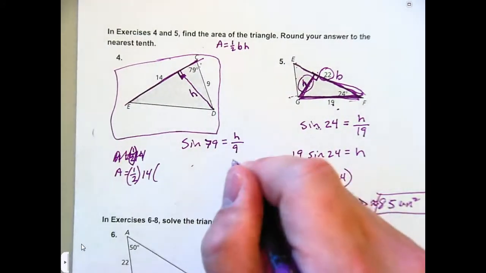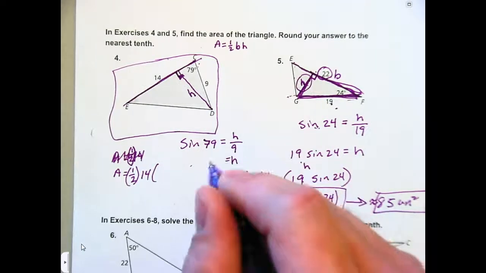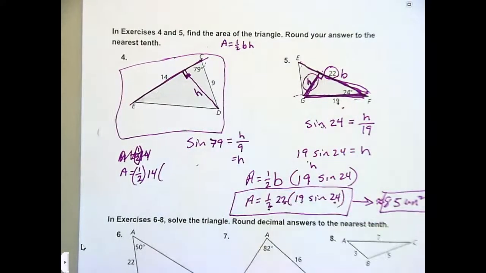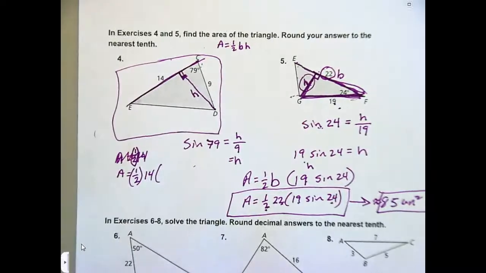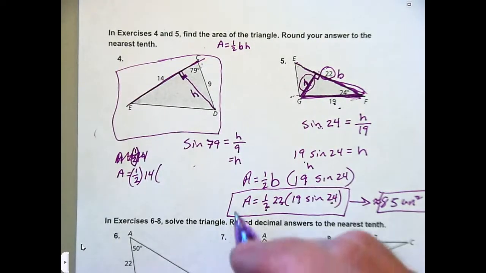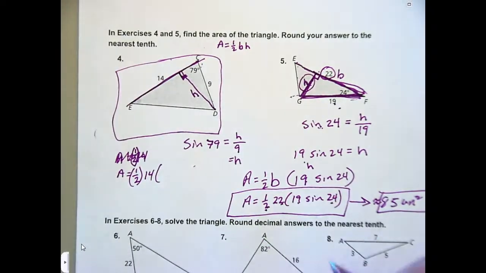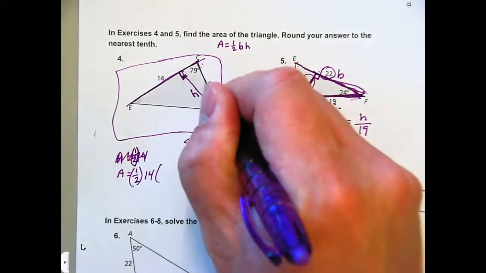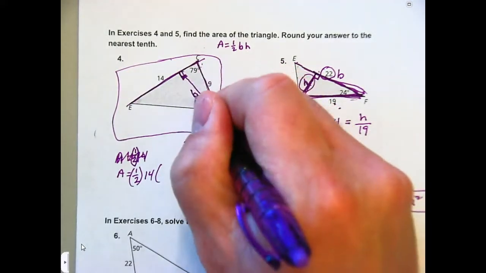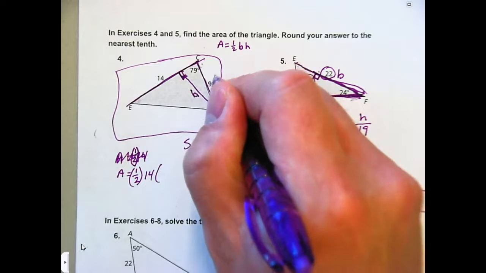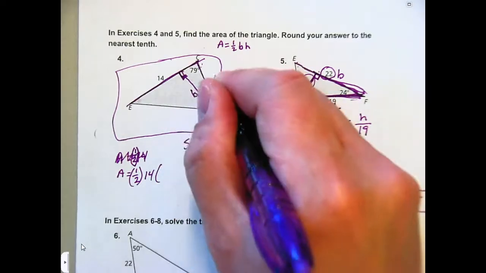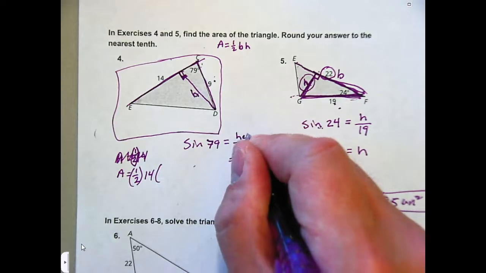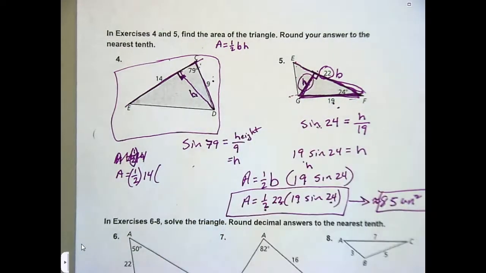Okay, so the height is equal to, because we're doing sine is opposite over hypotenuse. This is our hypotenuse, so this is our height, not our hypotenuse. Okay, we'll call it height.